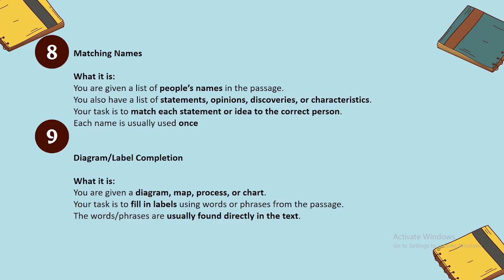One of the most important tasks is that you have to understand the diagram, map, or process. If you cannot understand what is actually required for this gap, you cannot identify the proper place. And when you get the correct answer, just put it down on your paper.